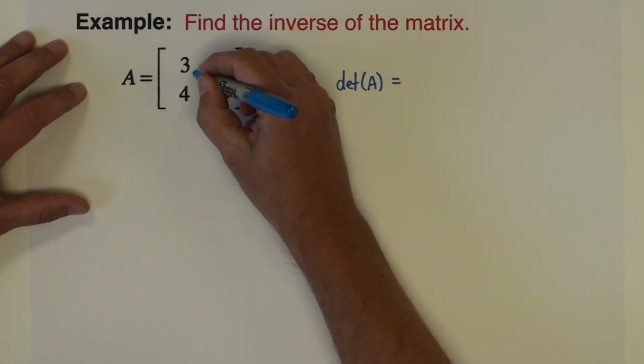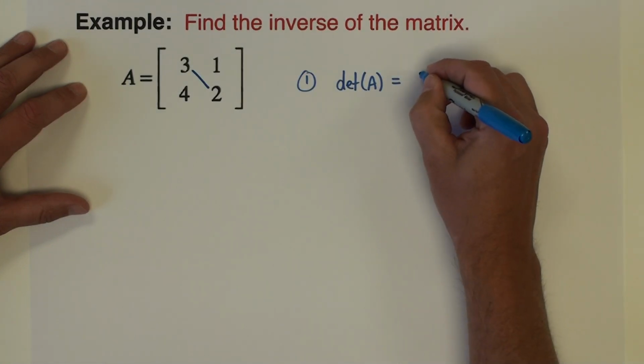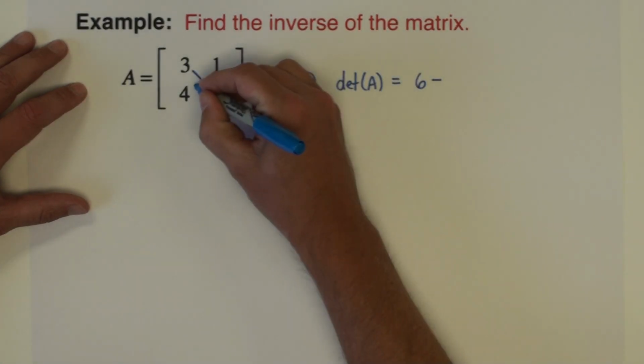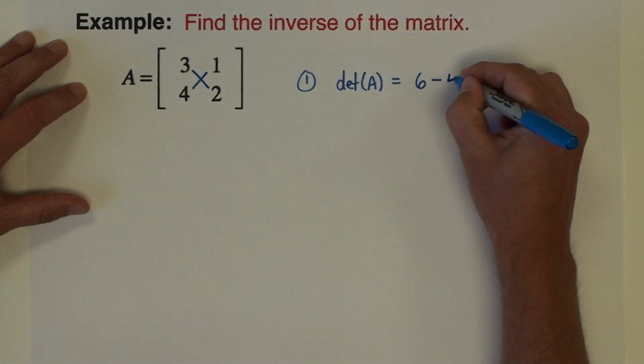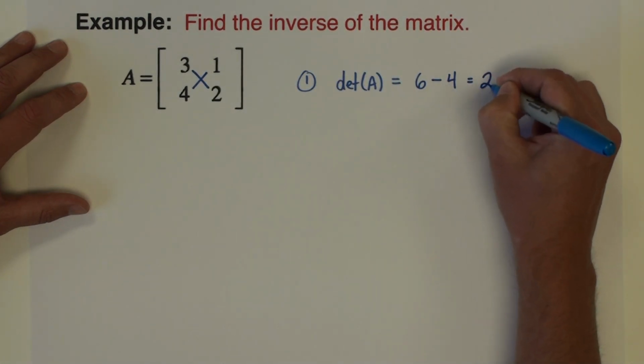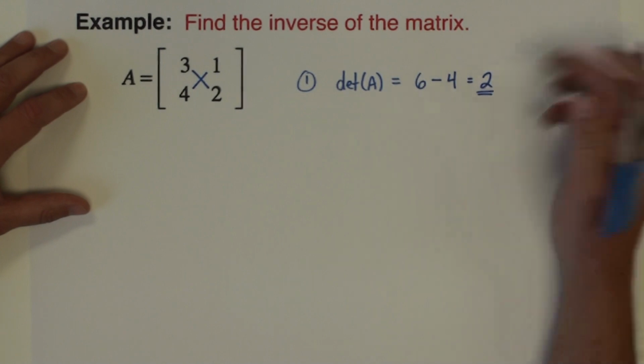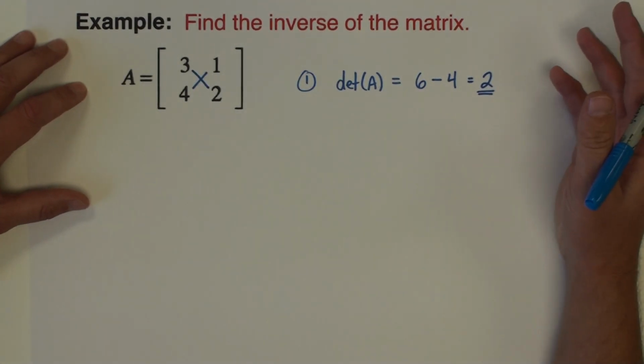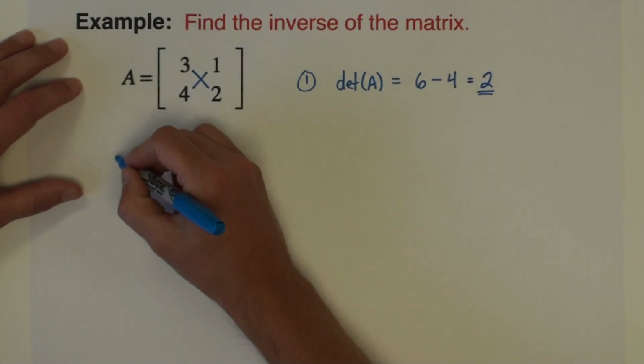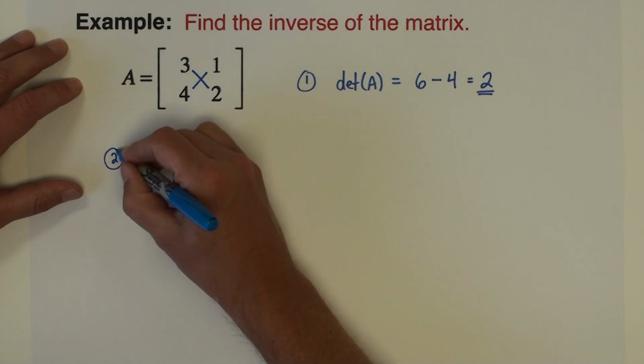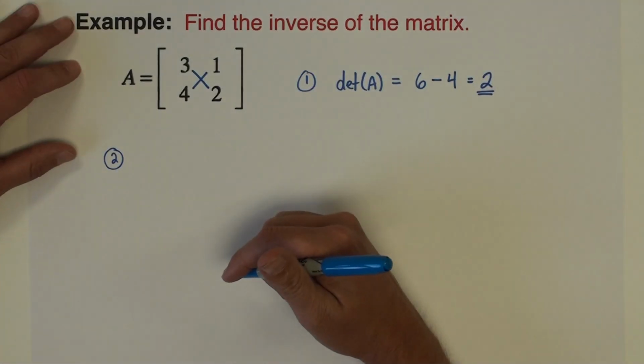And so if you remember to do the determinant, you multiply those two numbers, which is 6, minus, and you multiply these two numbers, which is 4, and the determinant is 2. So because that's not 0, we can proceed. And the second step is going to be to work through the formula for finding the inverse.